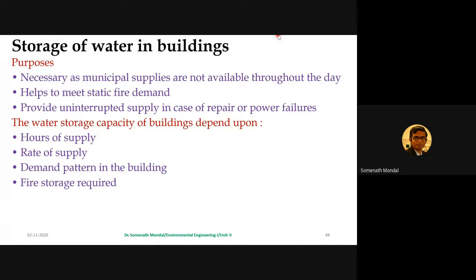We also have different nipples, flush bushing, pipe coupling, hexagonal bushing, reducing coupling. I'm not discussing these components now. We'll go to the next part, the storage of water in buildings.